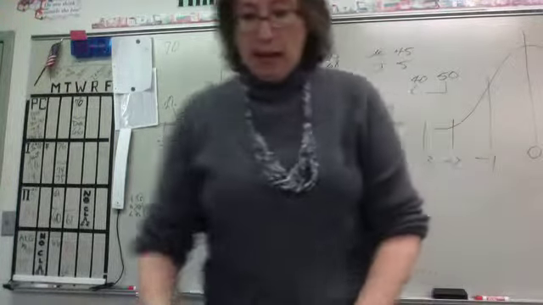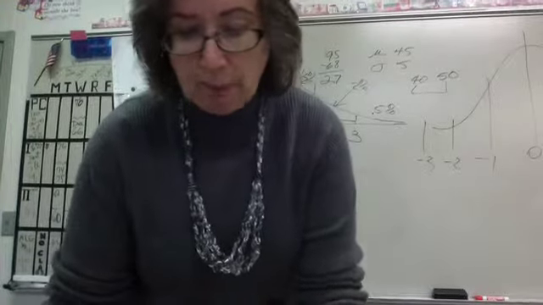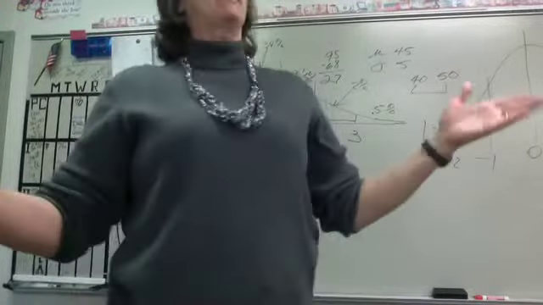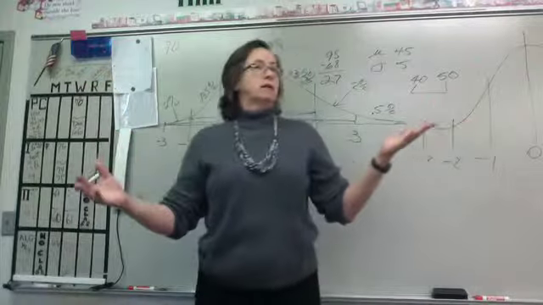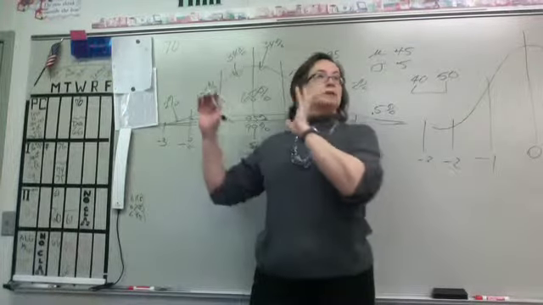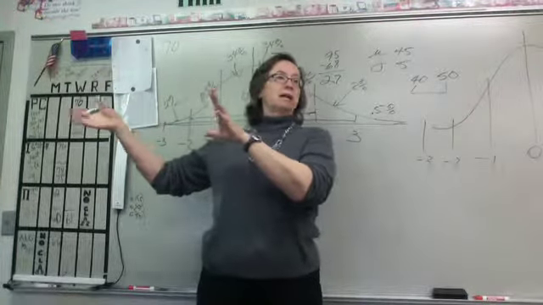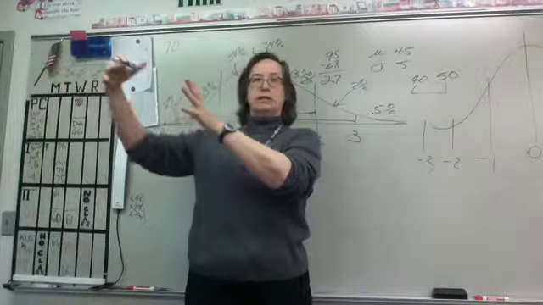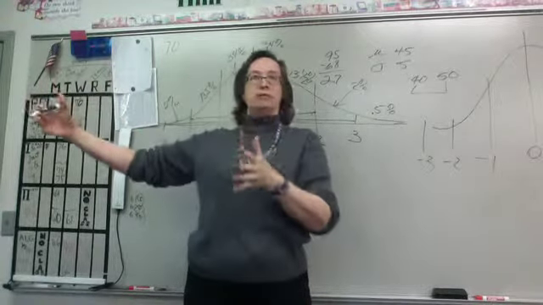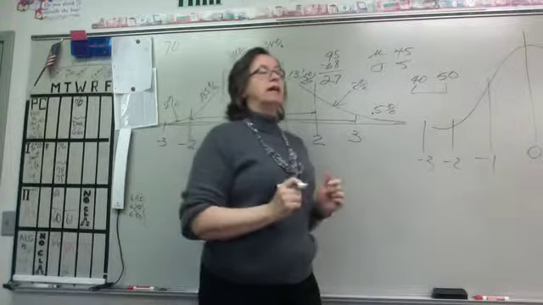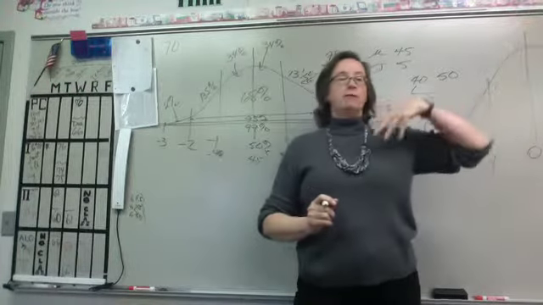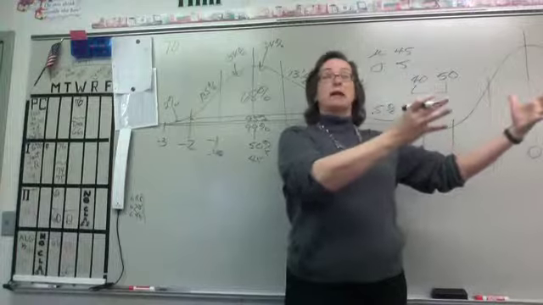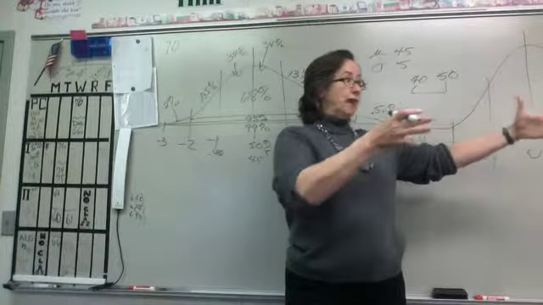We're going to play with this a lot when we're comparing two different tests. Suppose you took a history test that had a certain mean and standard deviation. Then you took an AP Physics test that had a certain mean and standard deviation.